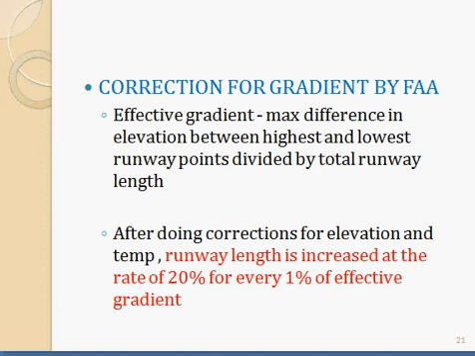That will give you the effective gradient. And after doing the temperature and elevation correction, you do the correction for gradient. The runway length is increased at the rate of 20% for every 1% of effective gradient. So that is correction for gradient.